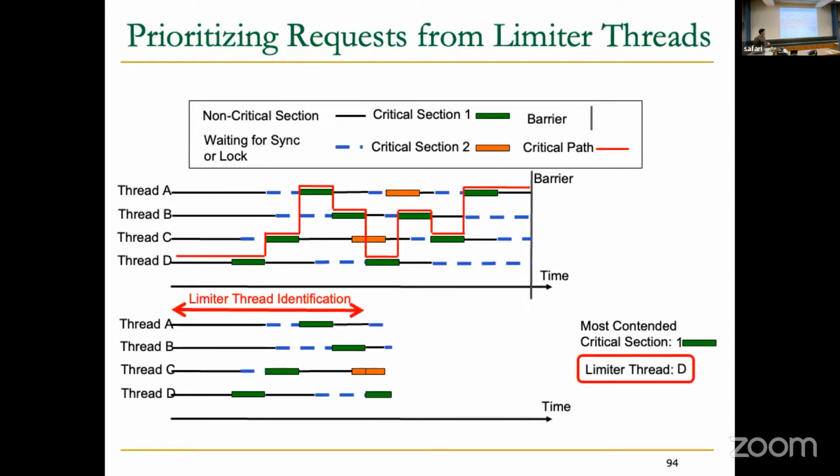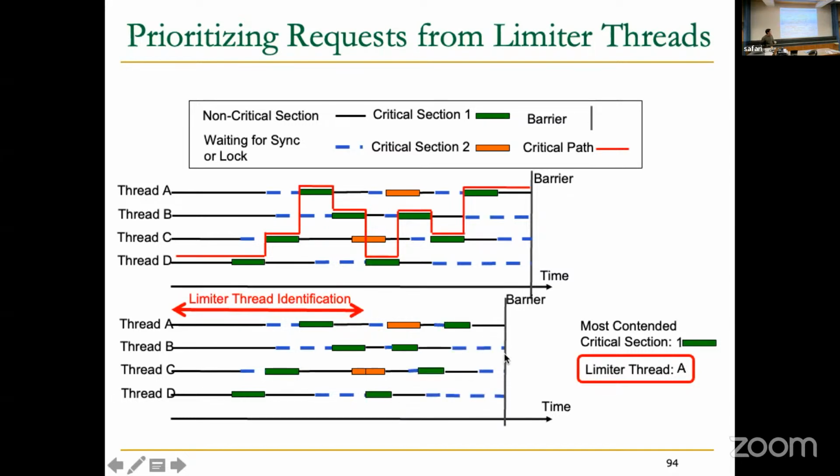Once you have decided on the most contended critical section, now you know which thread is executing that critical section, and you're trying to prioritize that thread's request so that it finishes executing the critical section earlier. And by reducing the execution time of that section even slightly for every thread, you can bring the synchronization point earlier in time, and you've accelerated your workload essentially.